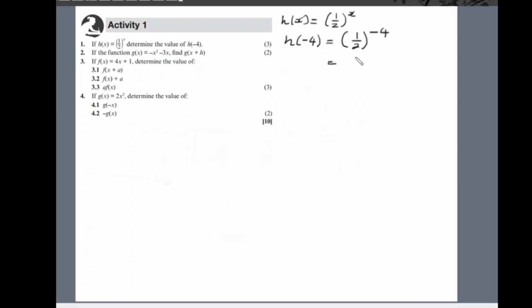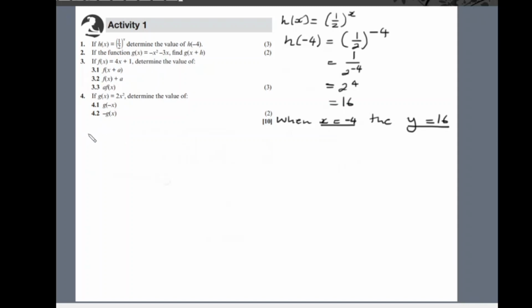This will be 1 over 2 to the power minus 4, which will be 2 to the power 4, which will be 16, right? So the way to interpret this is when x is equal to minus 4, then y is equal to 16, right? Then this is a function, because for one x value we are getting one y value, right?